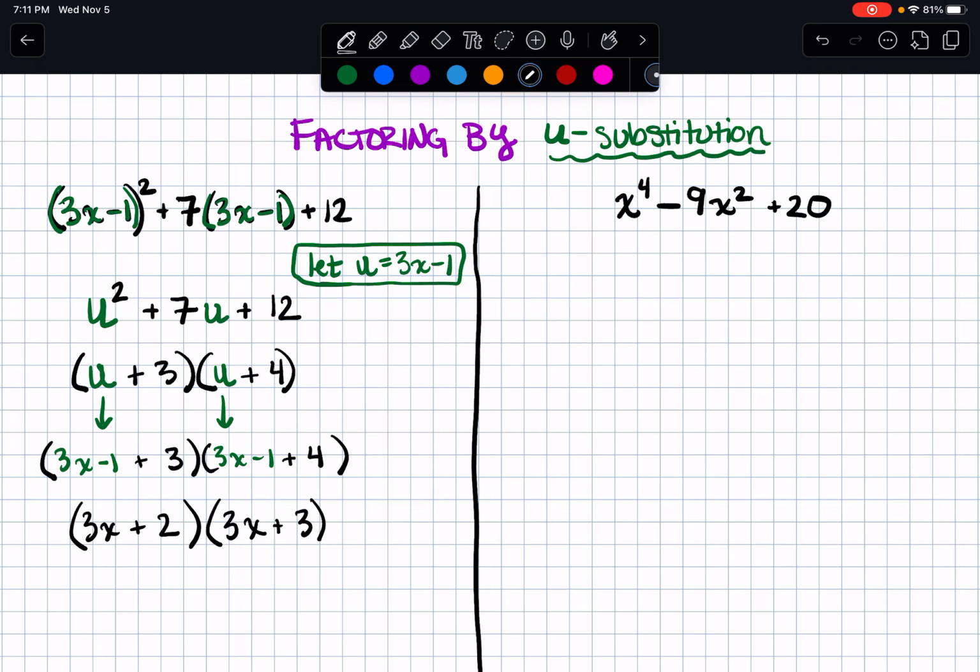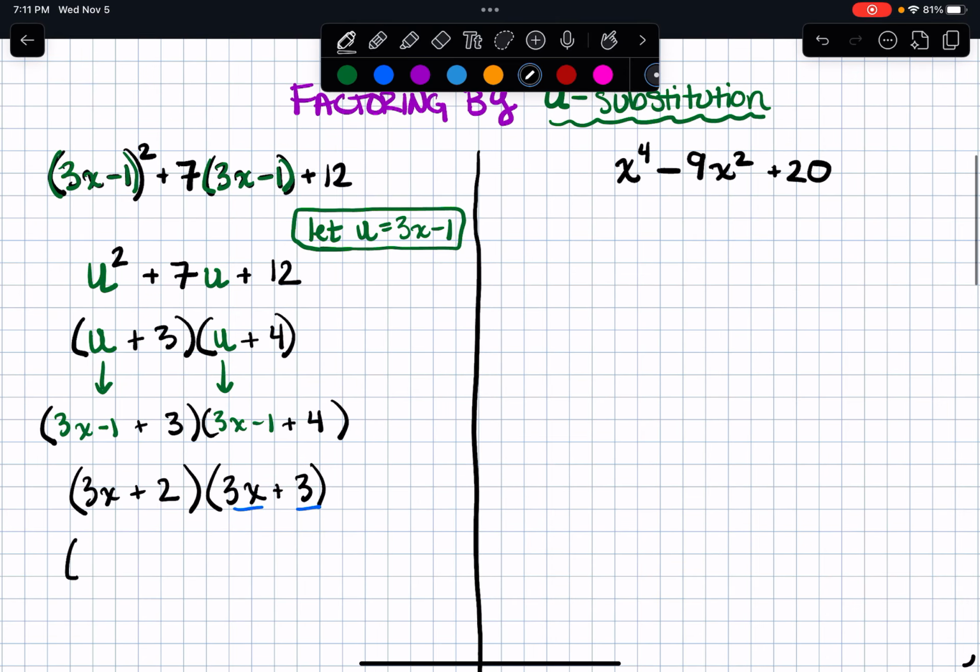This is okay, but if we want to be really precise and say factor completely, you might notice that my second factor has a GCF. Both of those terms have a 3 in them. So I could take this even one step farther and factor a 3 out of that second binomial.